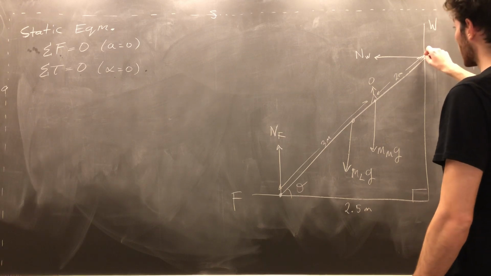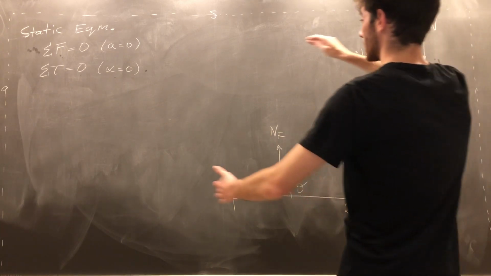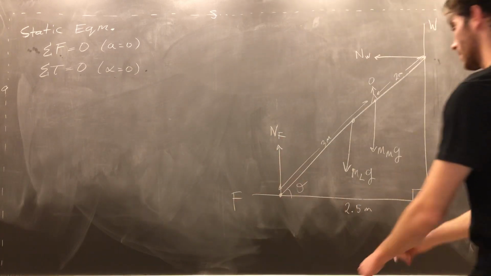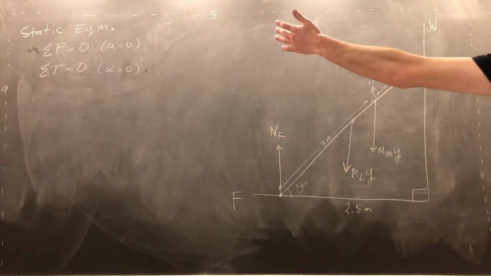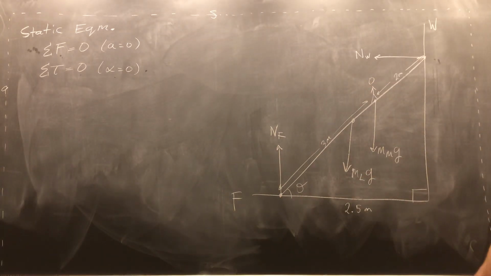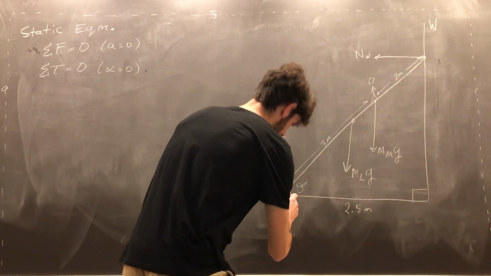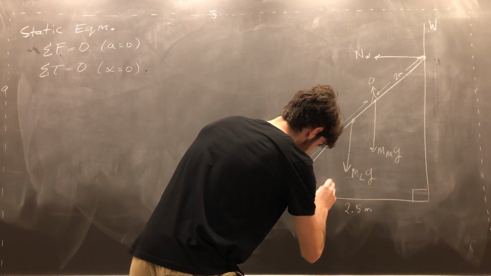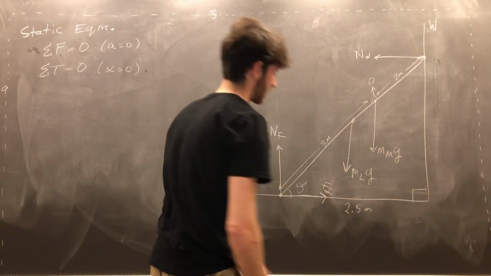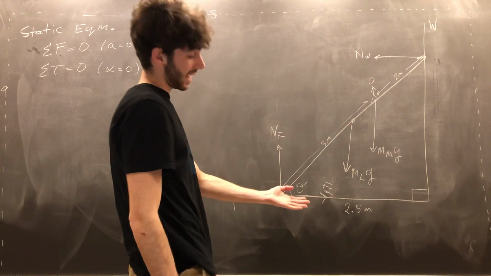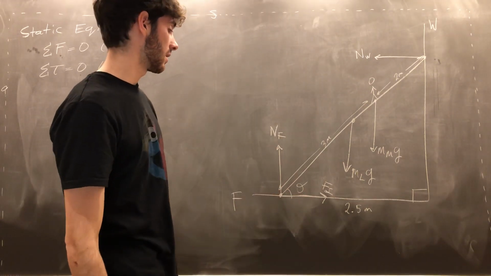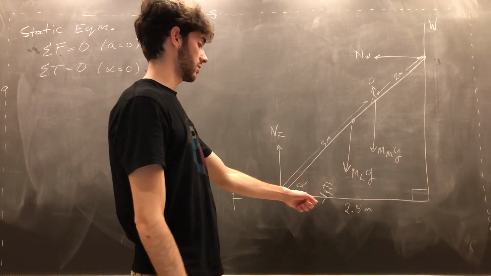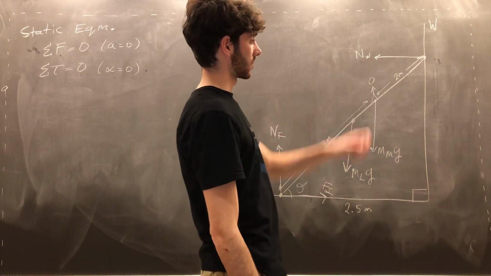And so if this were the only force at play, the system would accelerate to the left. But we're assuming that the sum of the forces, and therefore the acceleration, is 0. So we have to have another force counteracting that. And that force will be the force of friction at the bottom. So we're neglecting friction up here, but we can't neglect the friction down here. So we have a force of friction, which is resisting this normal force from the wall.